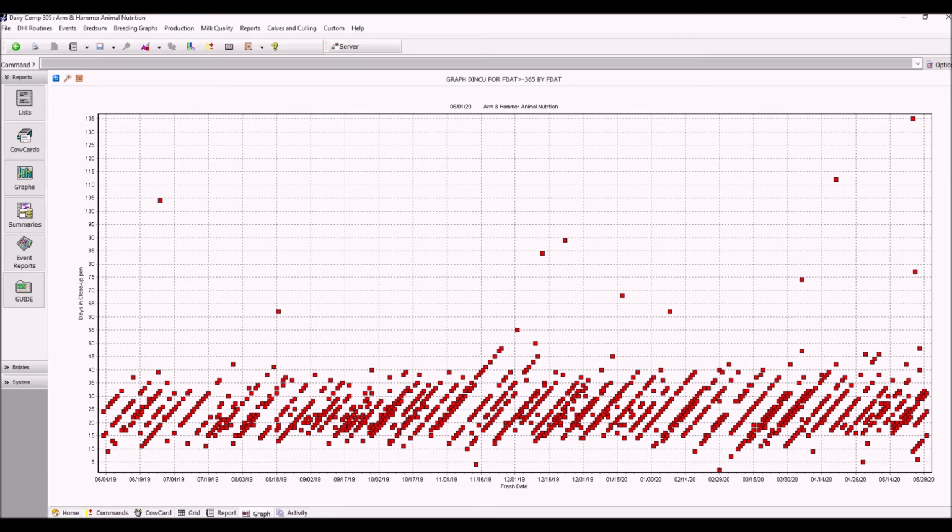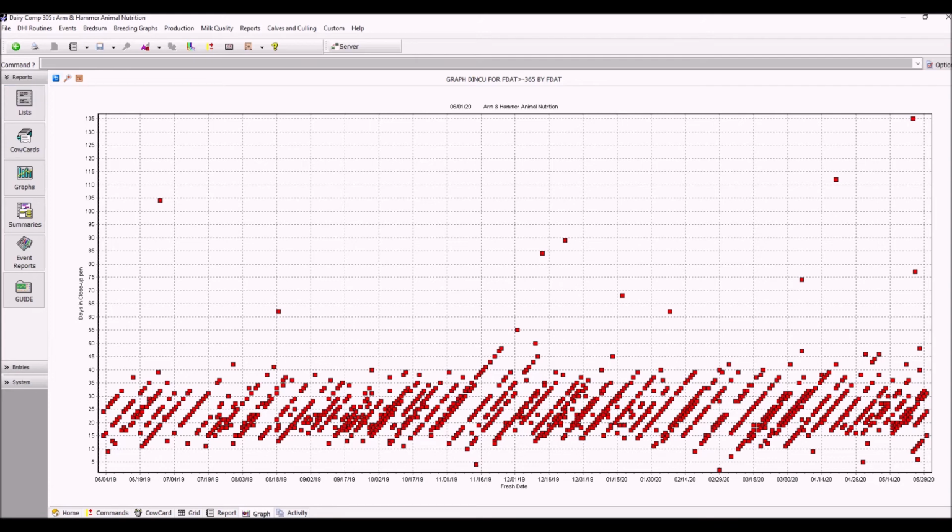I know that the average is 24. But now I can visualize exactly how those animals are being moved to the close-up pen. I can see these animals on top. Again, those could be data entry not entered correctly, or could be something else going on with those animals.